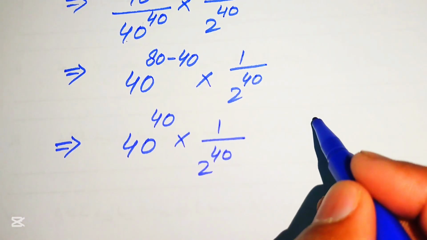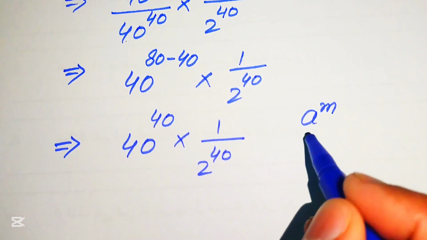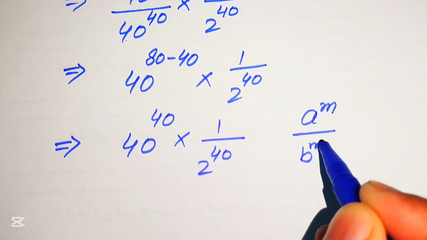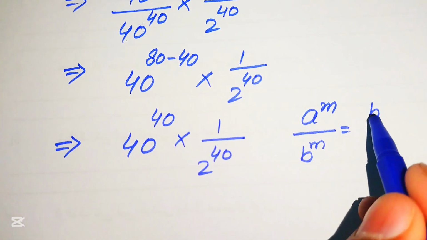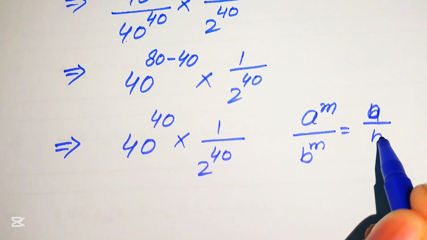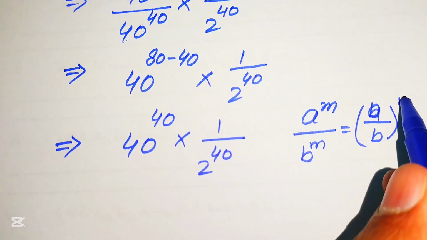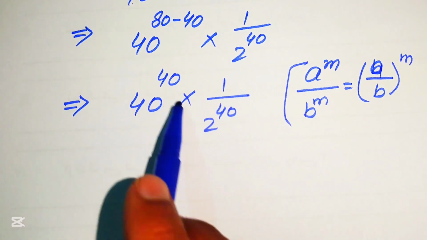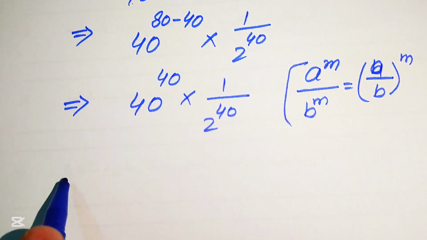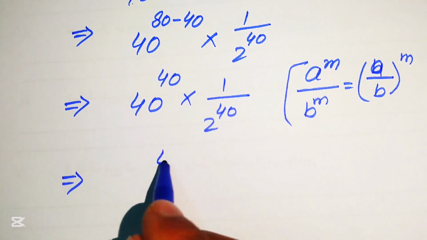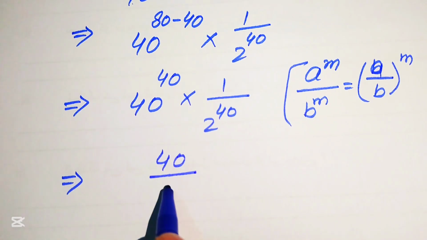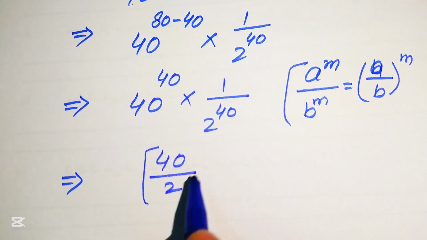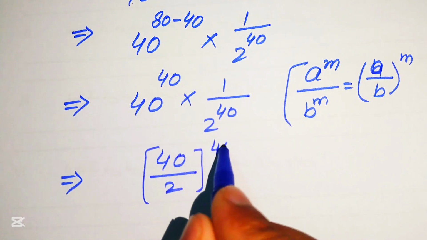Here we can apply this exponent law: if you have a to the power of m divided by b to the power of m, we write it as a over b, all to the power of m. According to this exponent law, we combine the exponents of these two terms, and it will be written as 40 over 2, and its exponent is again 40.